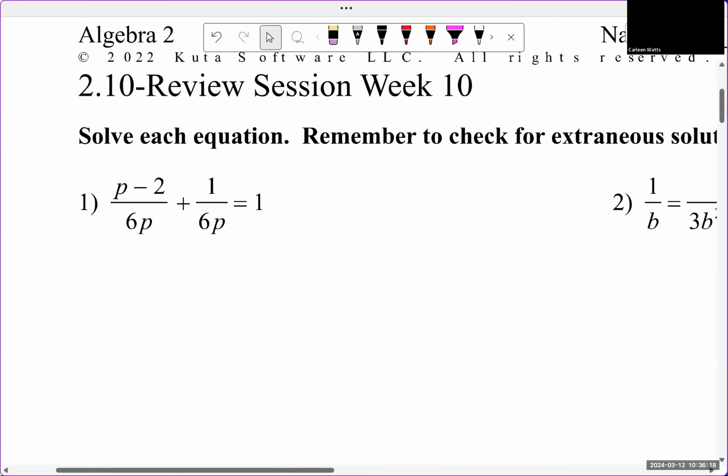Okay. So number one, do we have an equation or an expression? We have an equal sign and we have two sides. That means we have an equation.